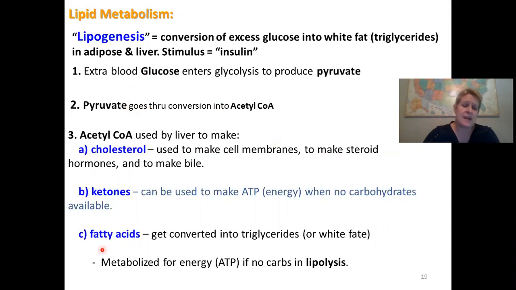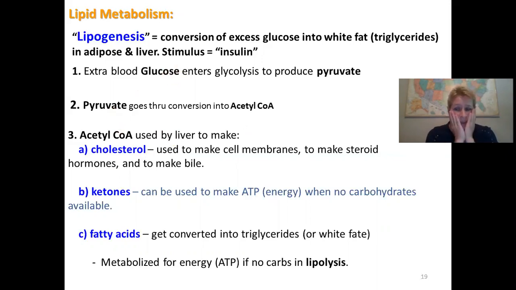They can break down fatty acids into ketones, and you can use those for energy. You can break fatty acids into acetyl-CoA, all right? And acetyl-CoA can enter the Krebs cycle to make energy.